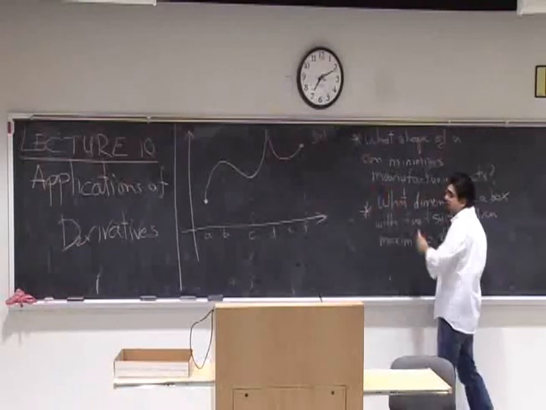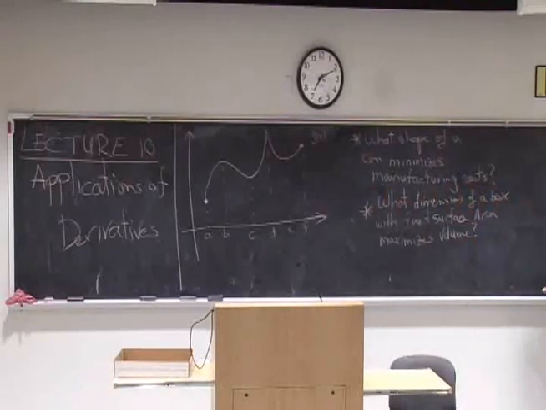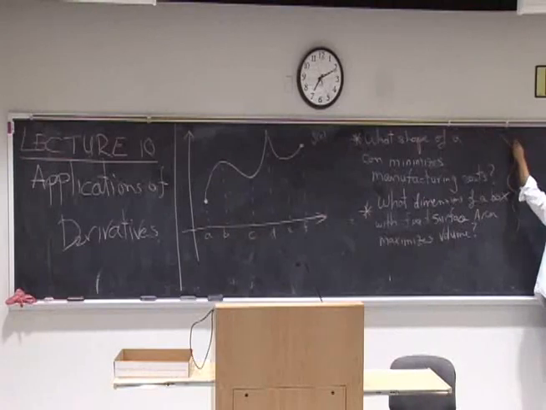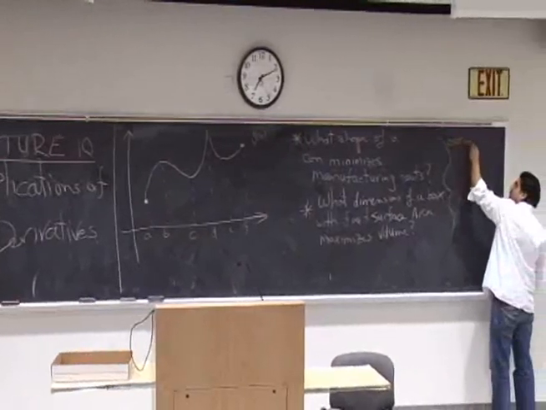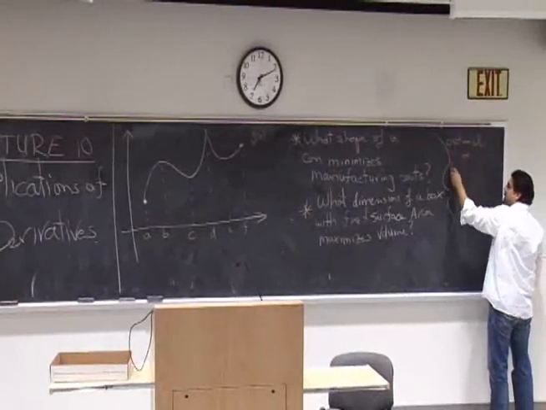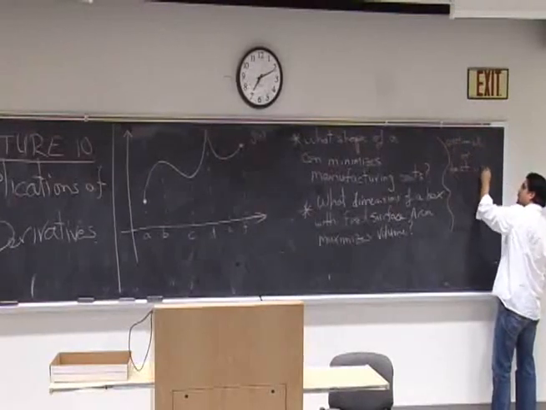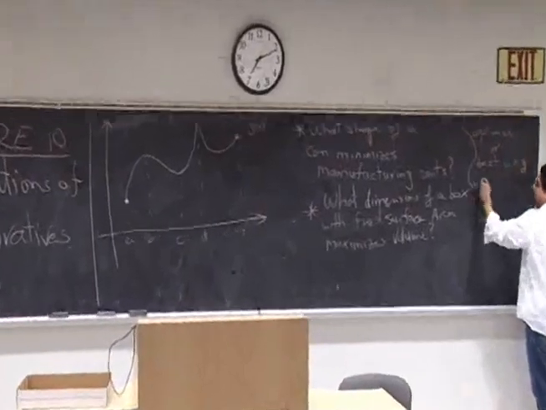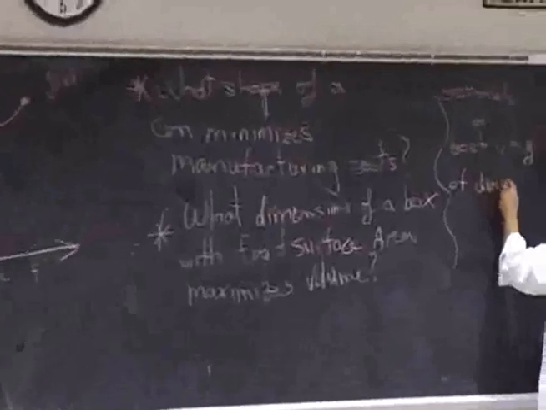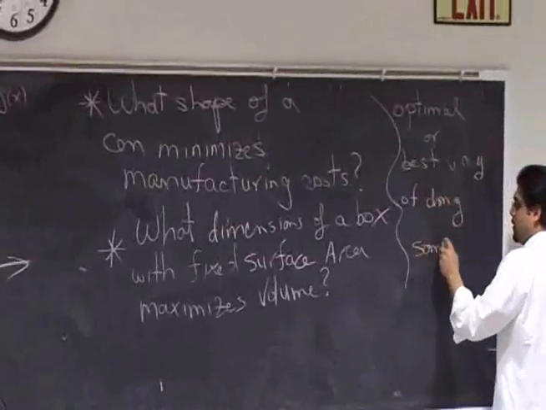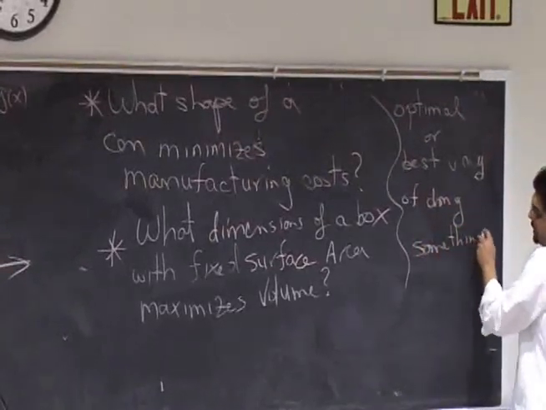And those are the physical constraints that we're working with depending on the problem. So here, in both of these, what we're looking for is the optimal or best way of doing something. What's the best way of doing something?